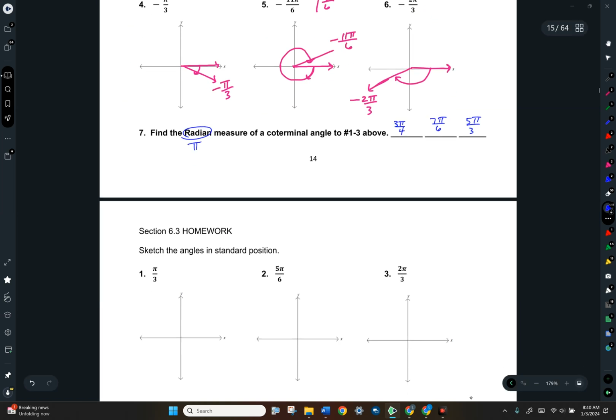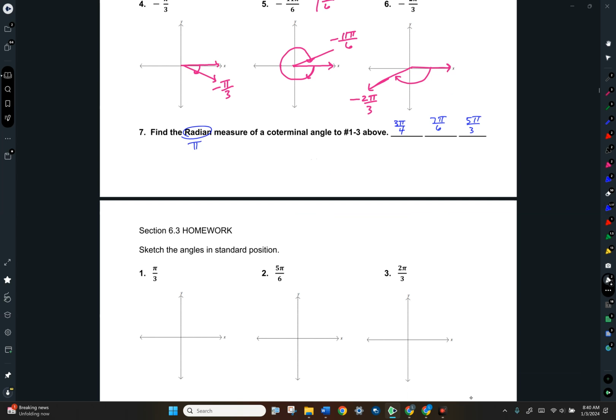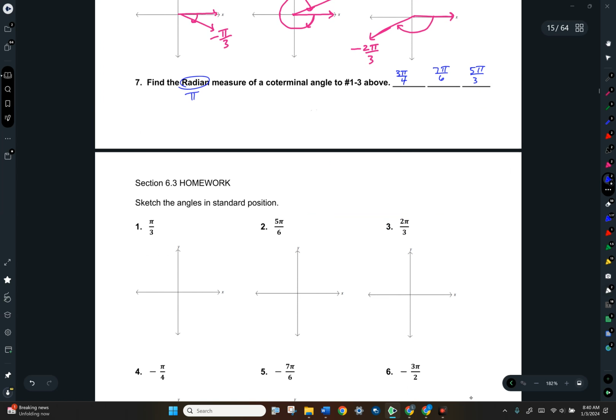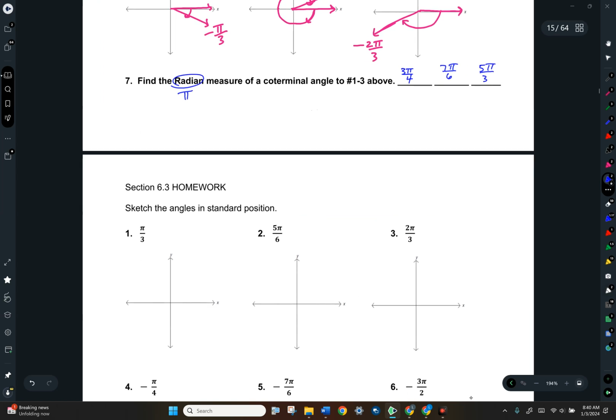All right, well, think about it this way. Remember, coterminal means same terminal side, okay? And what we did last time was, sorry, let me bring this down. What we did last time was we said, well, if I want a coterminal, I can just add 360 or subtract 360, okay? So if I have 3 pi over 4, I don't want to add 360 because 360 is degrees. What would I be adding if it were radians?